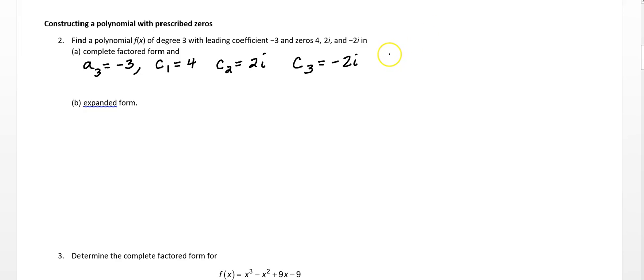Therefore, we can write the function in symbolic form as -3, which is our lead coefficient, times x minus 4 times x minus 2i times x plus 2i. And so this is the polynomial in complete factored form.